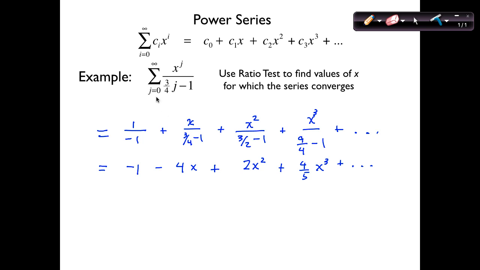So now j starts at 0, so I want the 0th partial sum, the first partial sum, the second partial sum, and the third partial sum. By writing out the series, you can just write these partial sums down pretty quick.